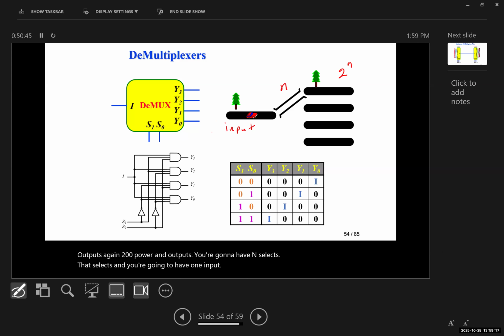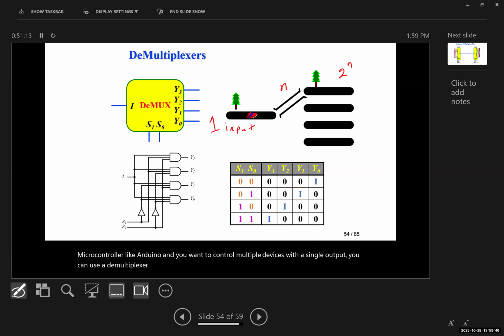Now, this is used to convert serial data into parallel data. And the example that I gave you, again, is, for example, the output of a microcontroller like Arduino, and you want to control multiple devices with a single output, you can use a demultiplexer.